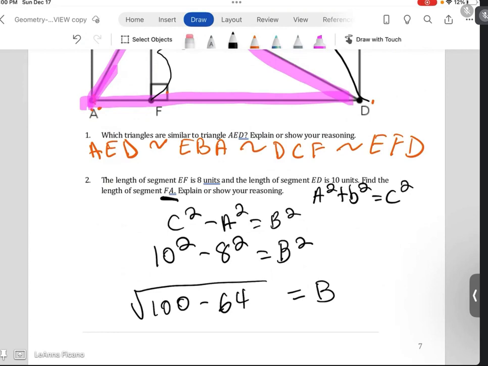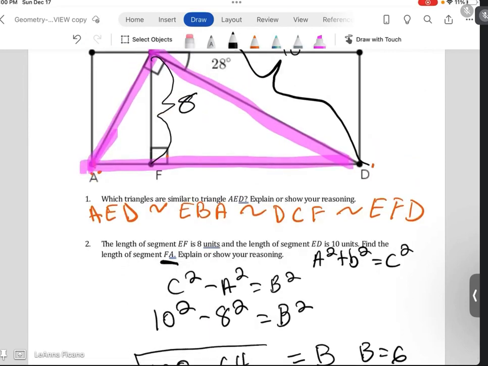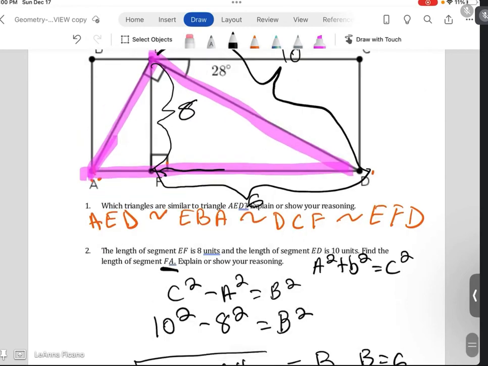So then we end up with the square root of 36 equals B. Well, it's the whole line, right? But B equals 6. So we end up with this line being 6 right here. Okay, so now what are we looking for here? Find the length of FA. So we're finding this length right here.